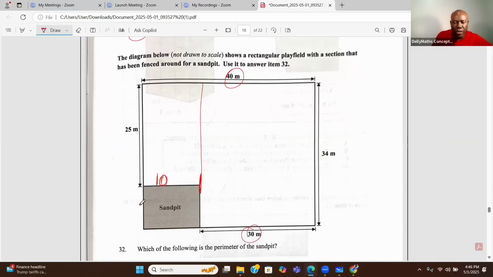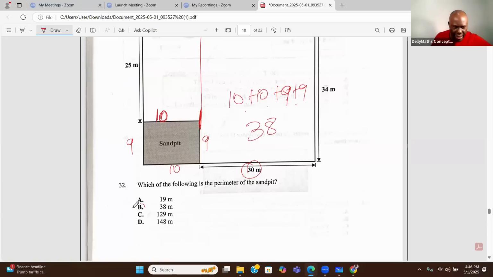For this 25 out of the 34, this is 9. So based on the shape of this, you want to add up everything. So it's going to be 10 plus 9 plus 9. So that's 20 plus 18. That's 38. So we're looking for 38 right there. Our answer is B. All right, so we actually got that and we're good.